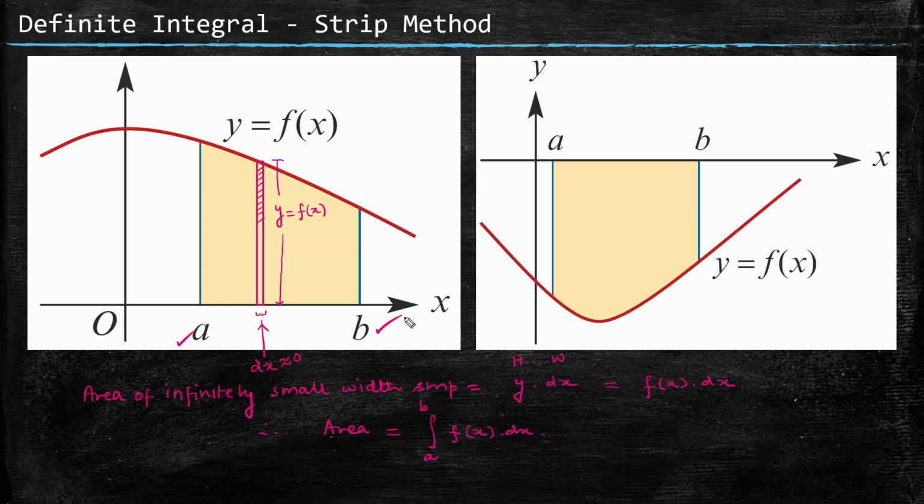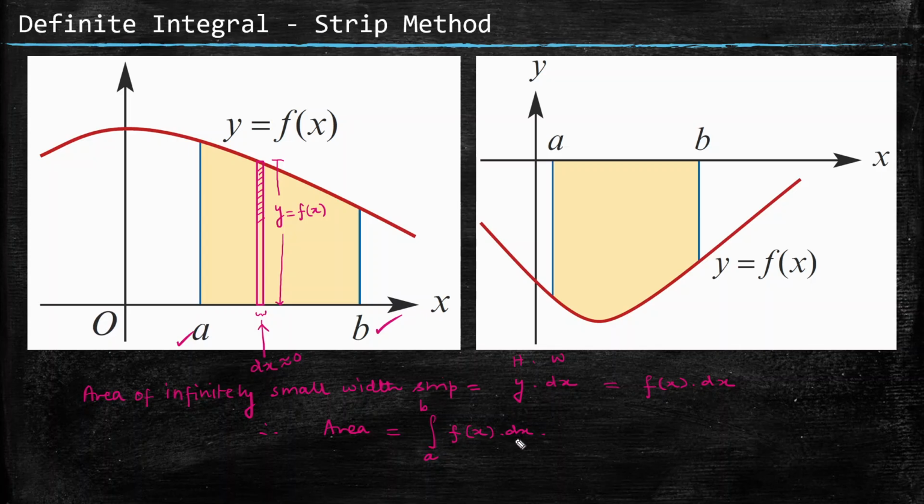You can also notice that the y values will be above the x-axis. To calculate the y value, we have to go above the x-axis, or below. So the y values are multiplied by dx, which is the width of the strip, and that is extremely small, close to zero.